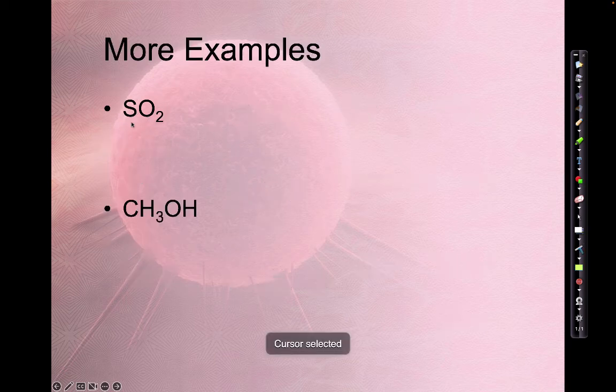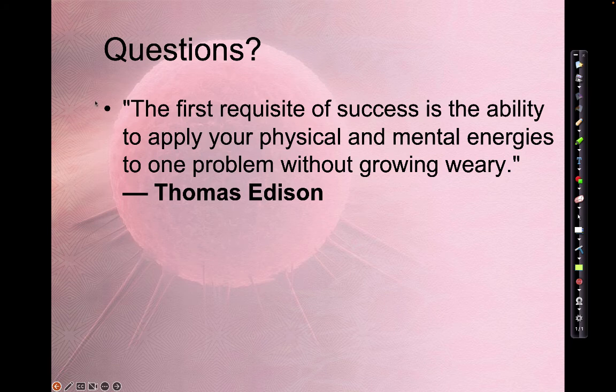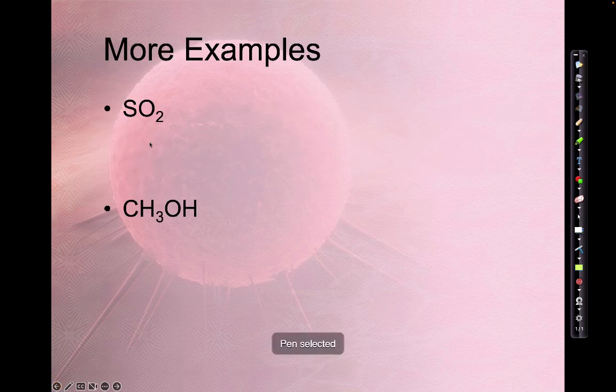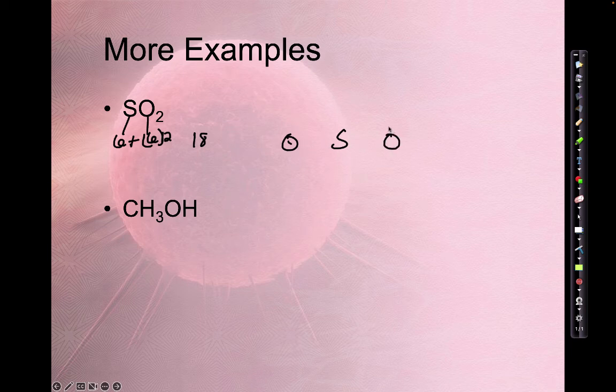All right, so let's look at this, SO2. Oxygen and sulfur both have 6. All right, so it's 18. Sulfur in the center, oxygen, oxygen. All right, draw your single bonds, distribute like that. I have 2 more electrons.